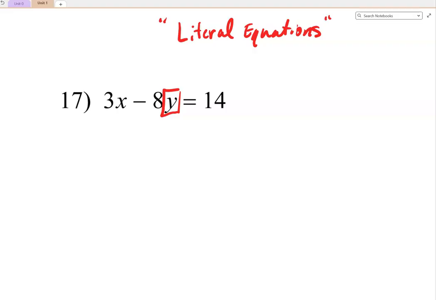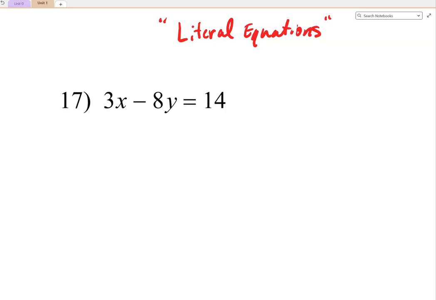This time we're going to solve for letter y. We're going to try to get it by itself. So when I look at that, I have a group 3x that's subtracting an 8 times y. So I'm going to move this 3x as a whole group to the right first. Then I'll find a way to move this negative 8, and that should give us an opportunity to have y isolated. When y is isolated, we'll have our slope-intercept formula.